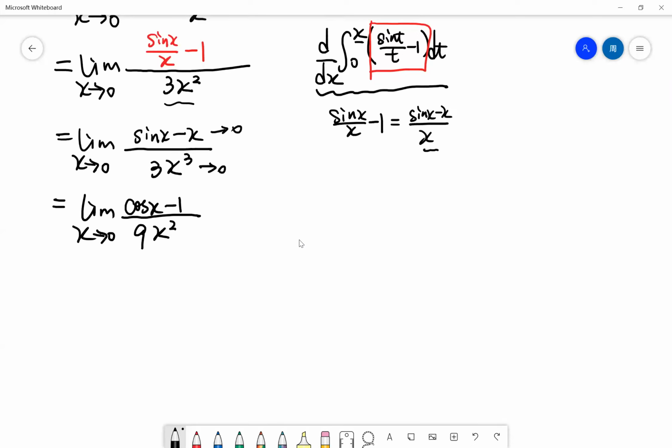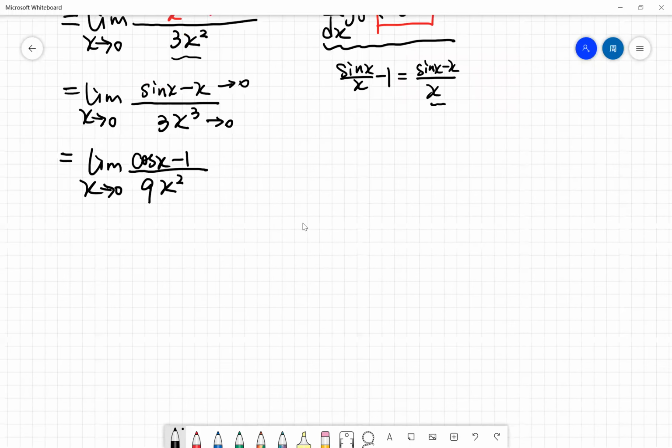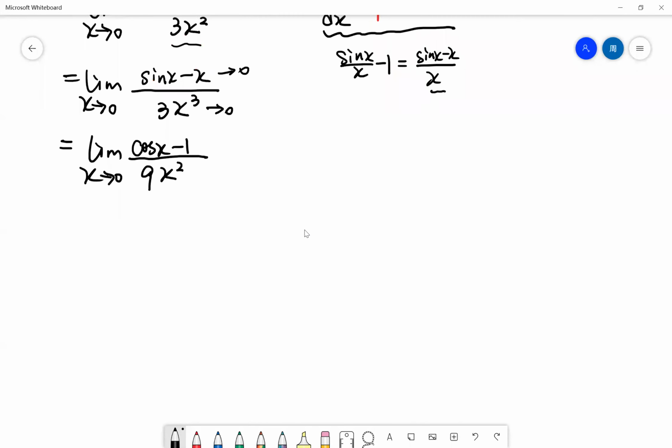And then we can check again. As x approaches 0, it approaches 0, right? And here, as x approaches 0, cosine 0 means 1, and 1 minus 1 also 0. So it is again 0 by 0 type. So you can use L'Hopital's rule again here.